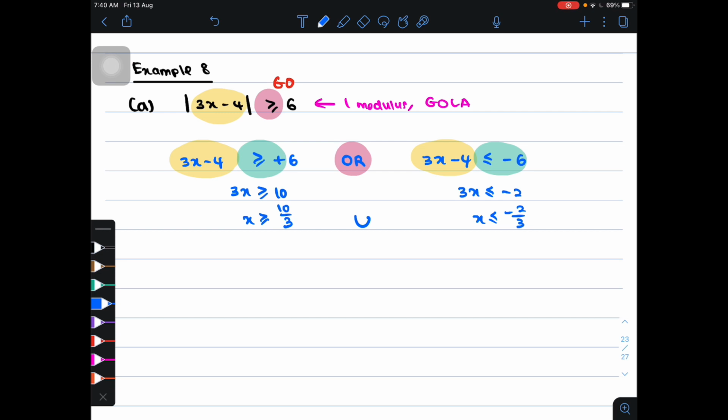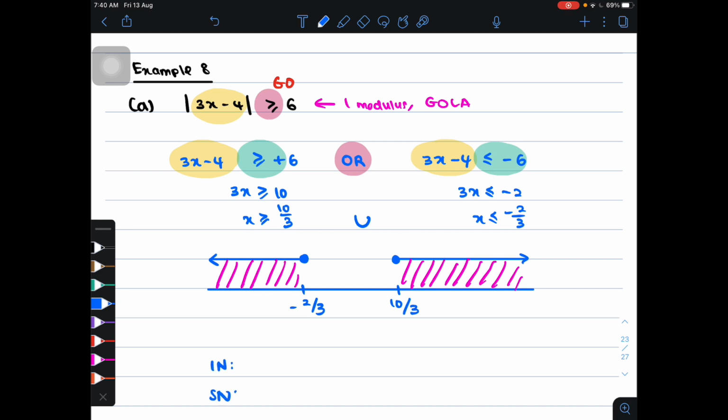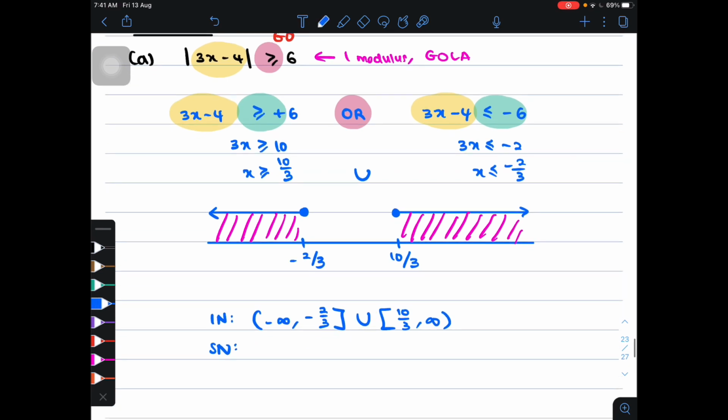So draw your number line and then find the real answer. And this is how we solve for question A.